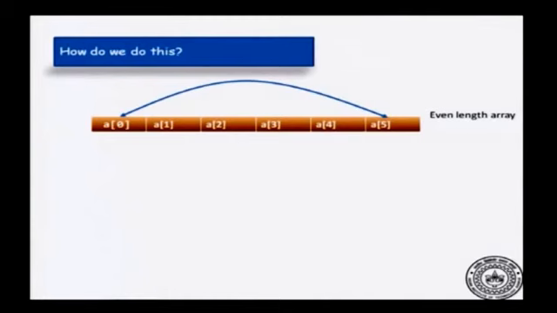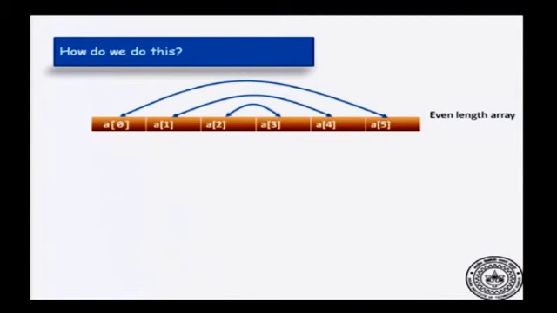A5 goes to the 0th location, A0 goes to the 5th location, and then A1 and A4 have to be exchanged, A2 and A3 have to be exchanged. After this you should stop, right? That will correctly reverse the array.